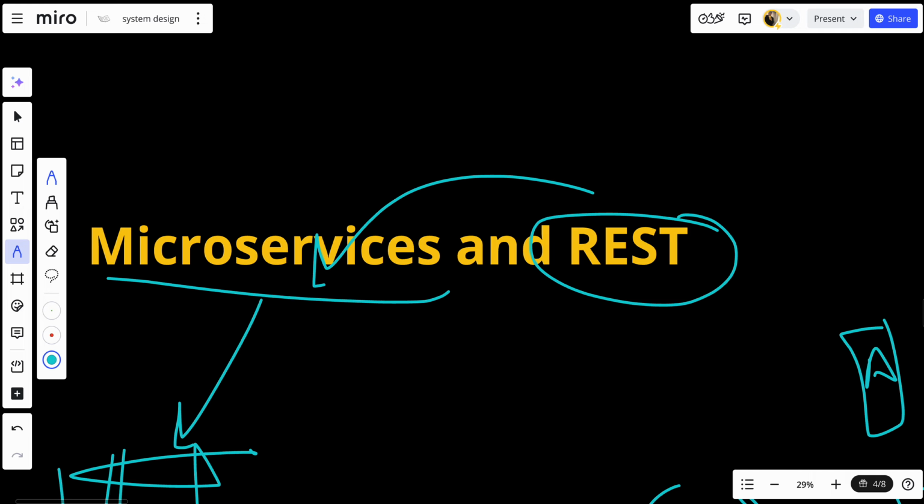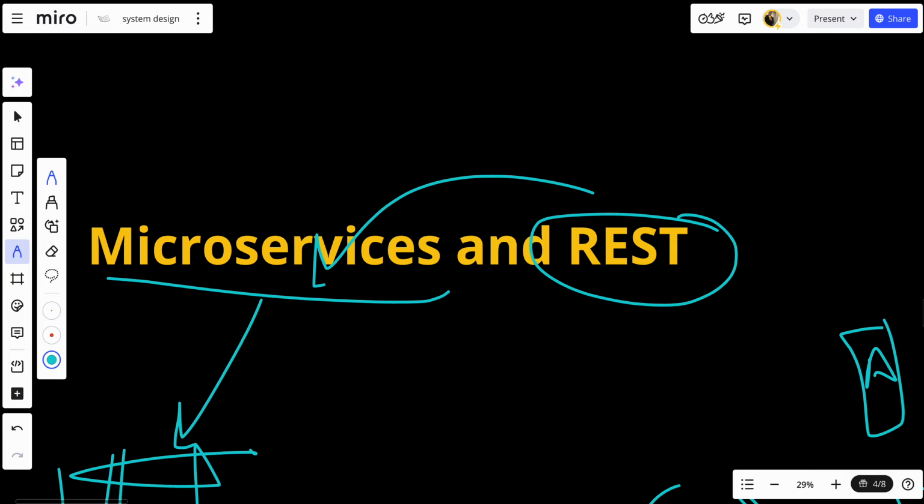REST's simplicity and statelessness make it a perfect fit for microservices because REST is built on standard HTTP protocols. It's easy for services to communicate with each other over the web regardless of the language or platform they are built on.